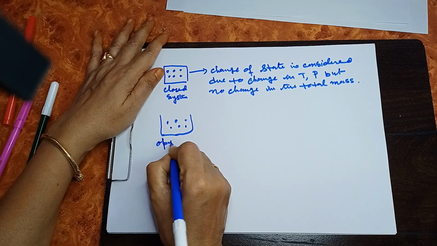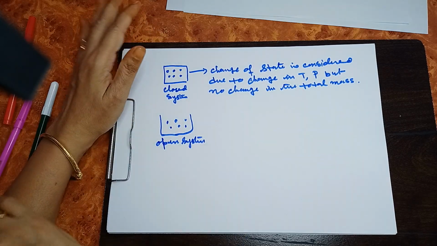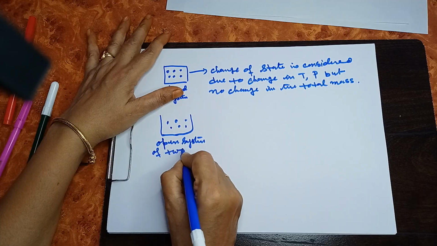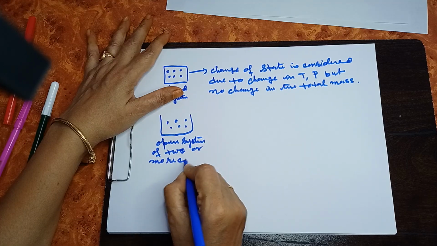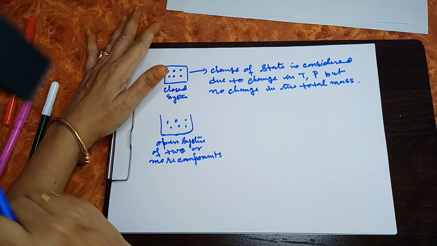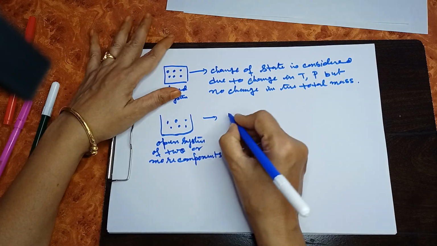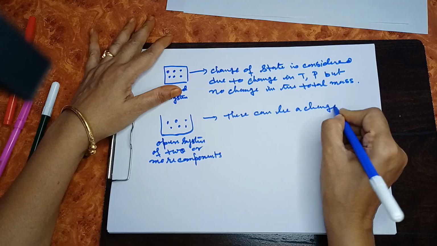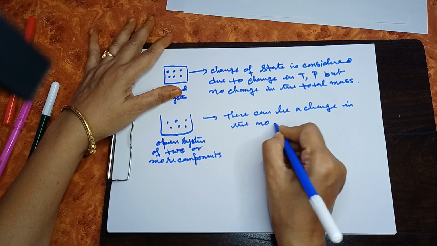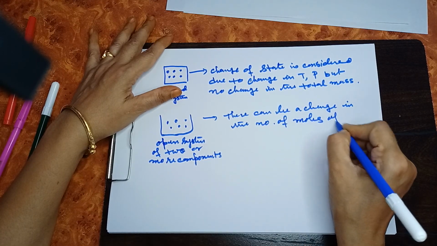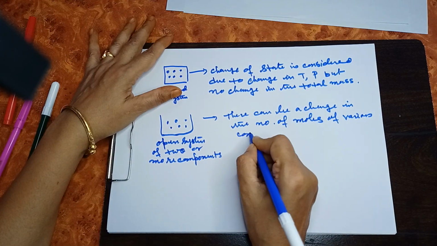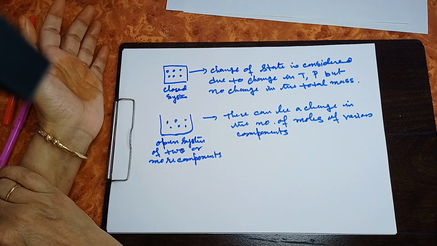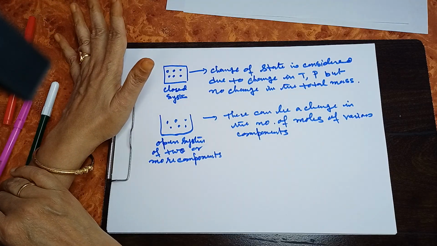So this is possible in an open system because it exchanges not only energy, but also mass. So there can be a change in the number of moles of various components.